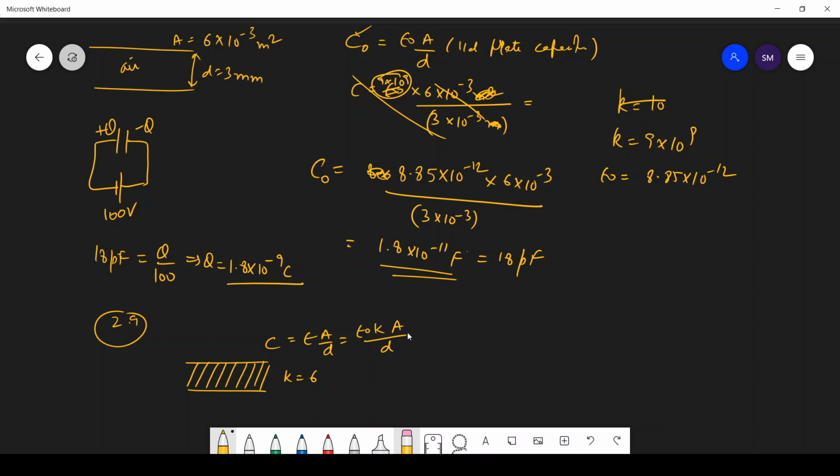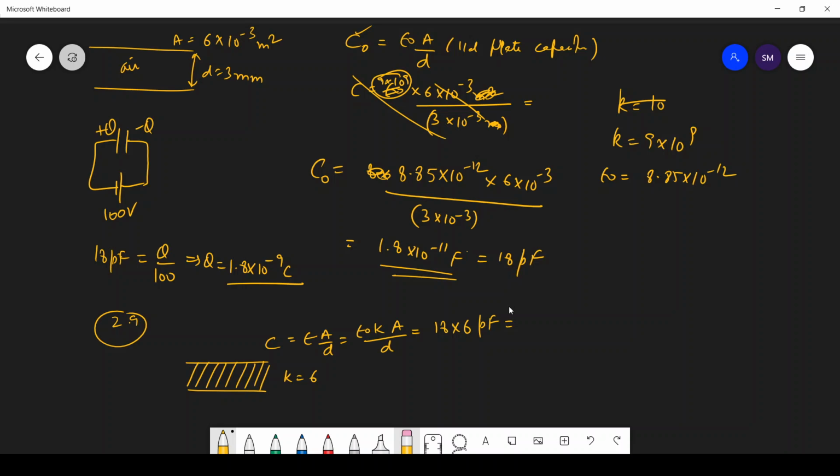The value of epsilon naught A by D is 18 picofarad. So 18 picofarad into 6.